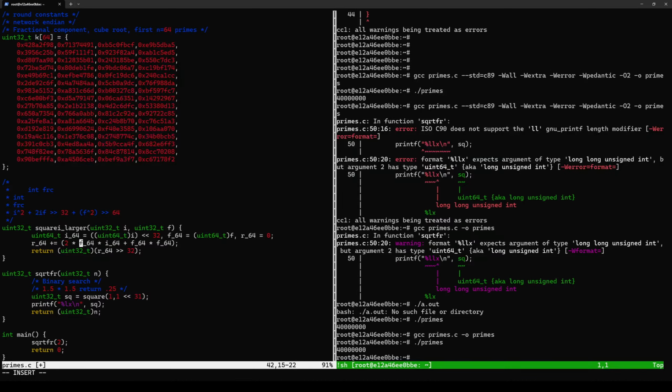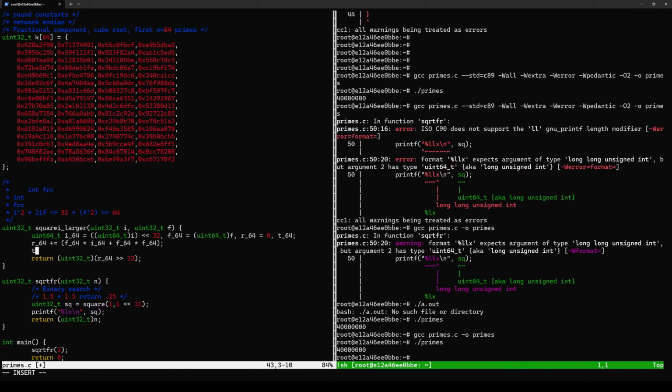Where we're going to do that is we're going to calculate this value. We're also going to have a test value. The test value is going to equal the potential return value plus f64 times i64.